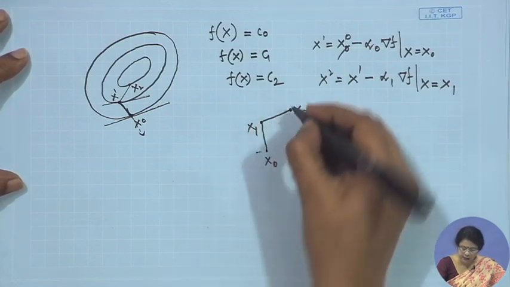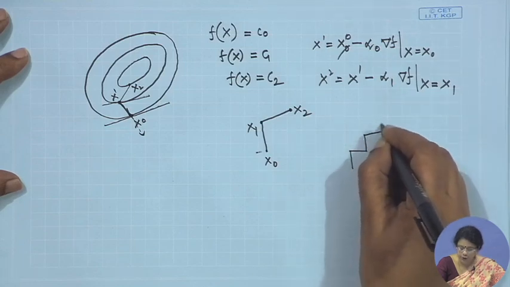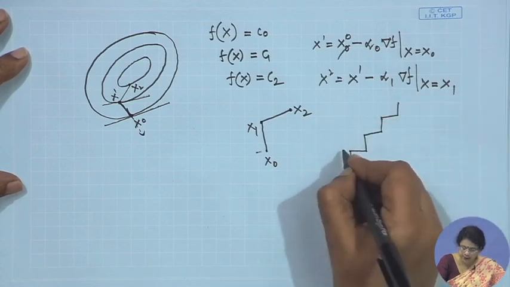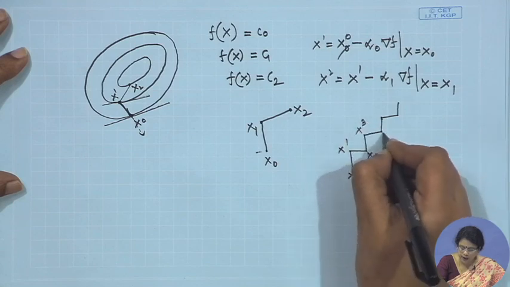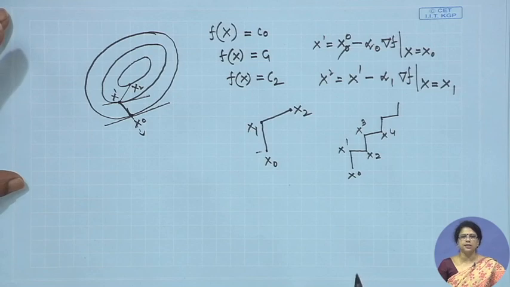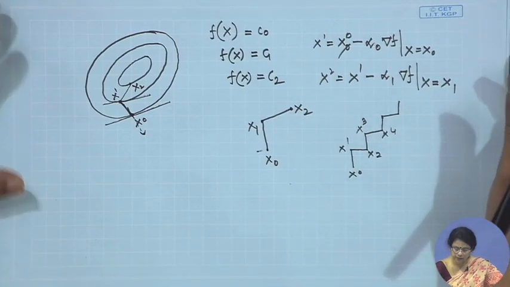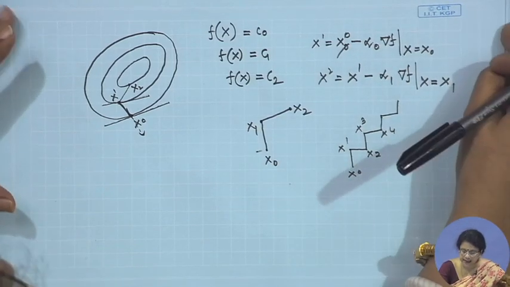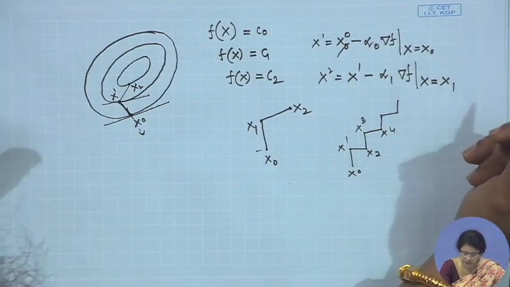That is why it will always take a zigzag path like this to reach the optimal solution at different iterations: x naught, x1, x2, x3, x4, like this. All right. In connection to this, I will tell you a few more things so that we can do the steepest descent or ascent method in a slightly different way, and there are certain properties.